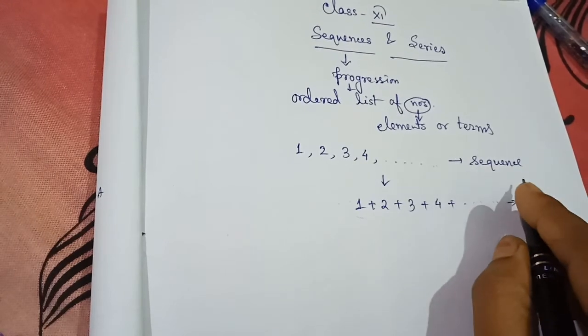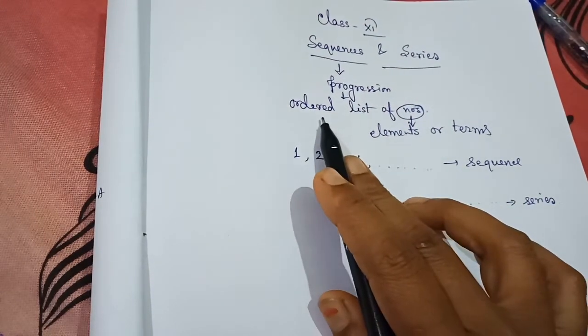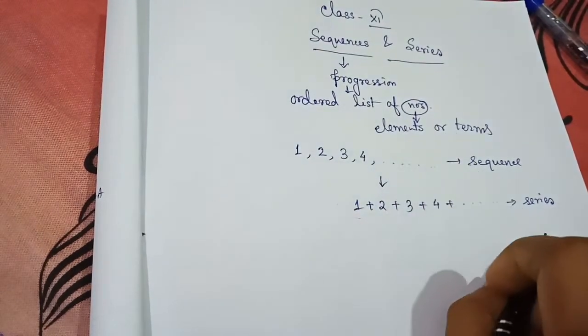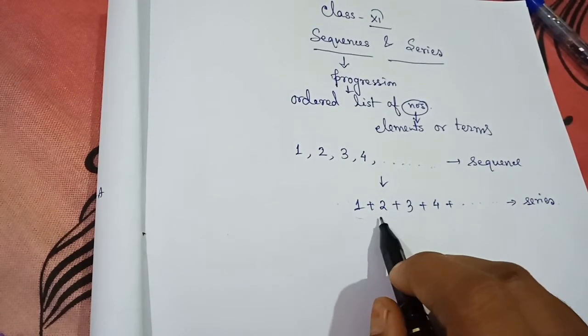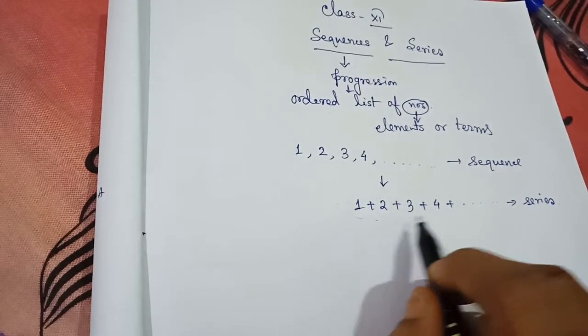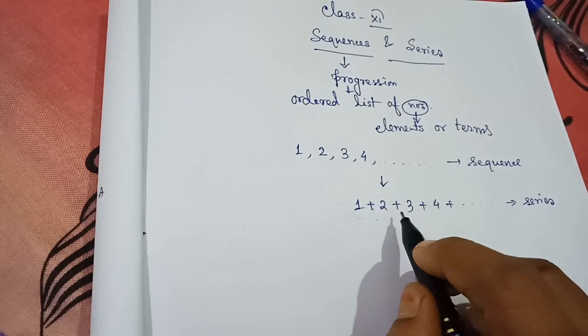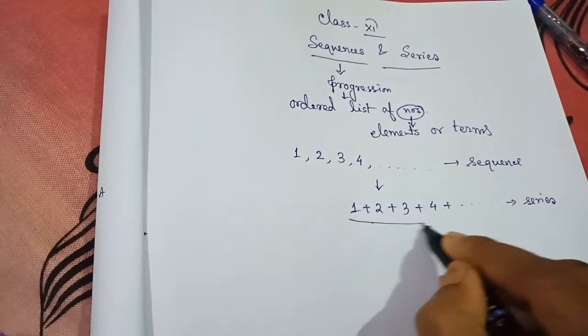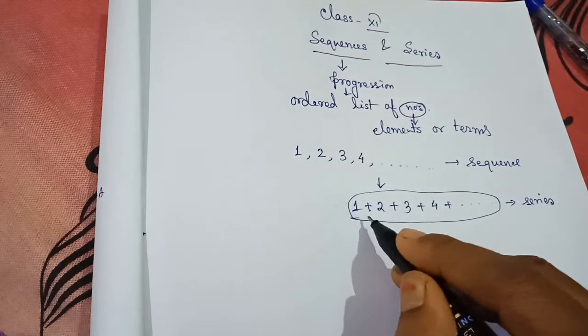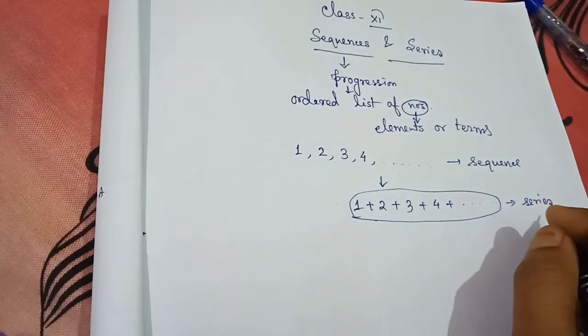So a sequence is an ordered list of numbers, and a series is the sum of all those terms of a sequence. This whole expression with the addition sign is called a series.